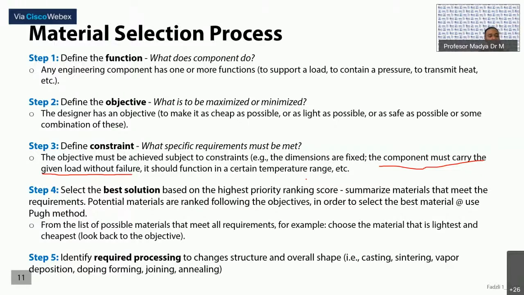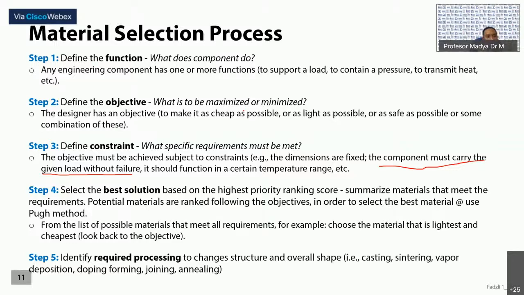And then the select best solution. Lepas dia dah tahu function, objective, constraint, you select the best solution based on the highest priority ranking score, summarize the material that meet the requirement. Potential material are ranked following the objective in order to select the best material or use the push method. Contoh dia, from the list of possible material. Okay, contoh bila you dah ada function, objective, constraint, mula-mula contohlah, ada 10 material.